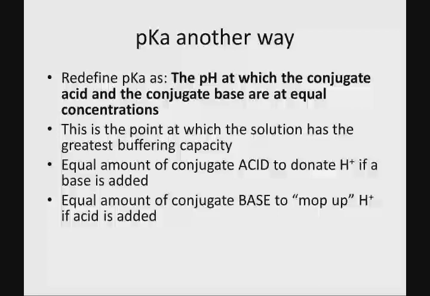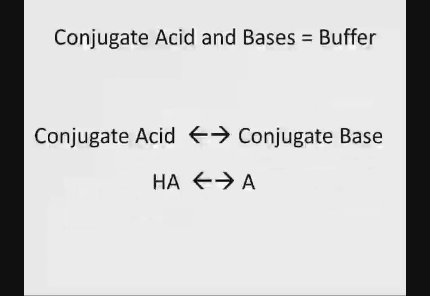Or I have enough base, conjugate base, to mop up excess protons if acid is added to solution. Right? So they're literally sequestering or releasing protons to keep the pH of the solution near the set point where you started. All right? Now, that conjugate acid-base pair is really the key.